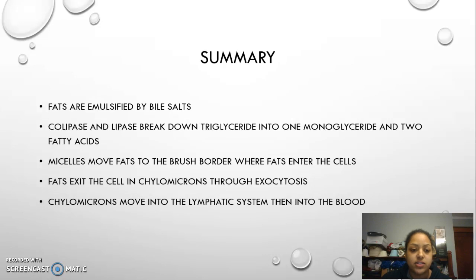Micelles will move these fats to the brush border of the enterocytes, where the fats will then exit the micelles and enter the cells of the small intestine. Fats will then get packaged into chylomicrons and exit the cell on the basolateral side through exocytosis within vesicles. The chylomicrons from there will then move into the lymphatic system and finally into the blood.